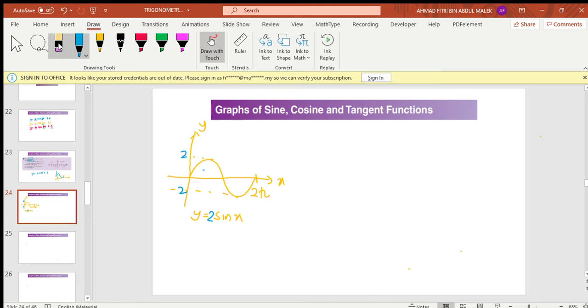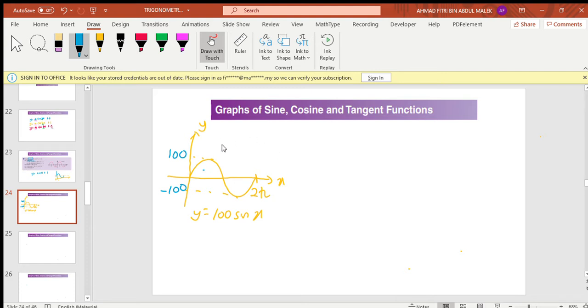If I put 100, if I say this is 100 sine x, I won't change my graph. I just change the value here to 100 and negative 100. Then I get full marks.